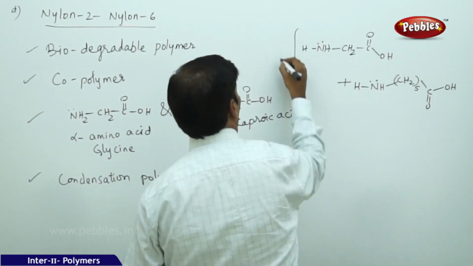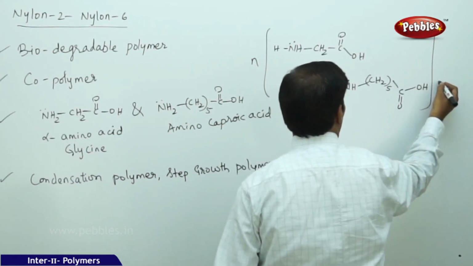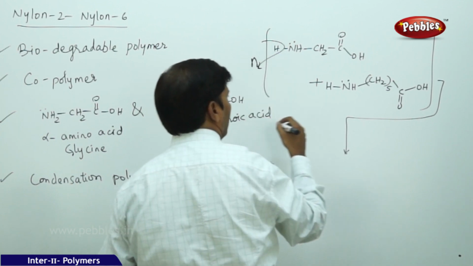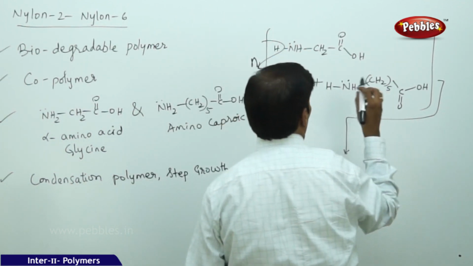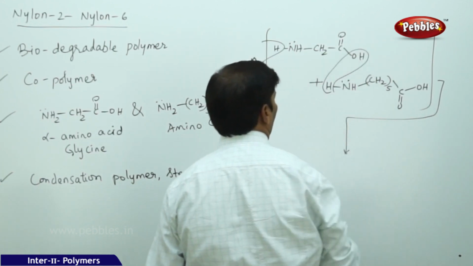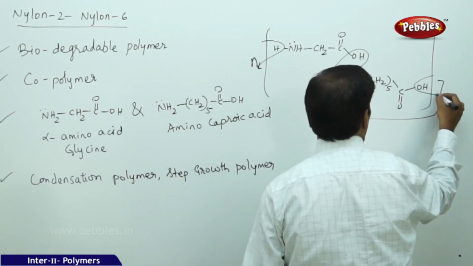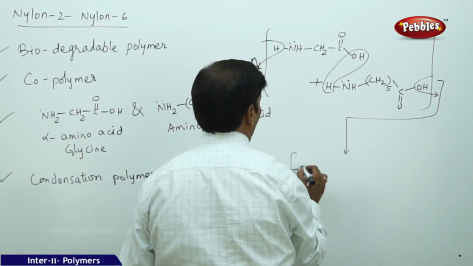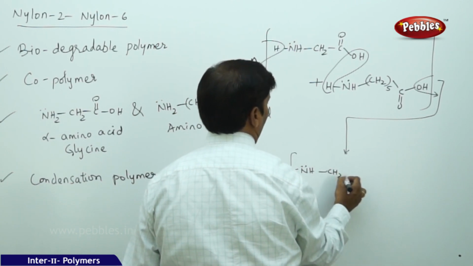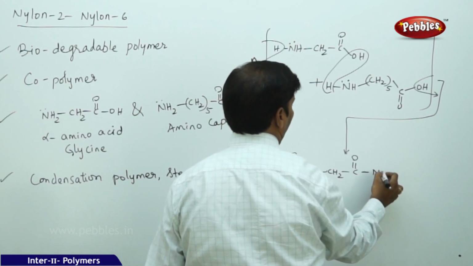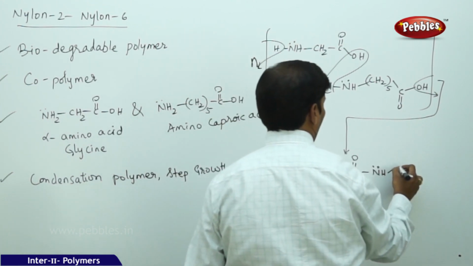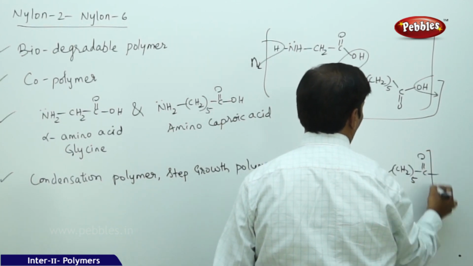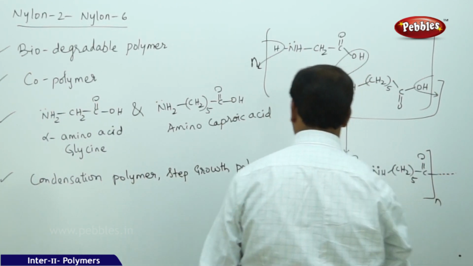If you take n number of molecules, then we remove one hydrogen atom and one OH group from the carboxylic group, and here one OH group from the carboxylic group. So you get NH, CH2, carbon double bond oxygen, NH, again CH2 taken 5 times, carbonyl group, taken n times.